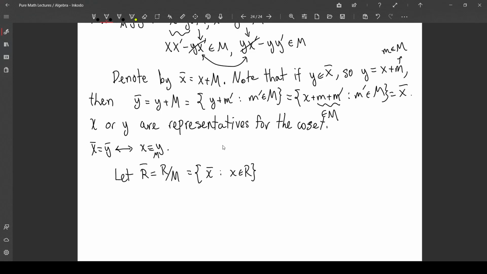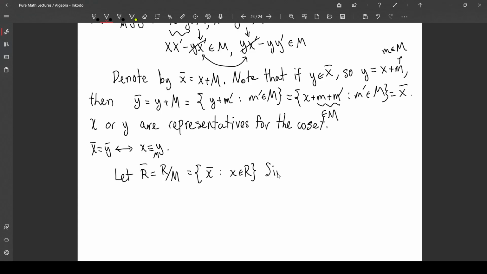So if I take x and y and they differ by an element of m, then they are going to have the same coset. But this map is surjective, right? Any coset has some representative, which is an element of R.